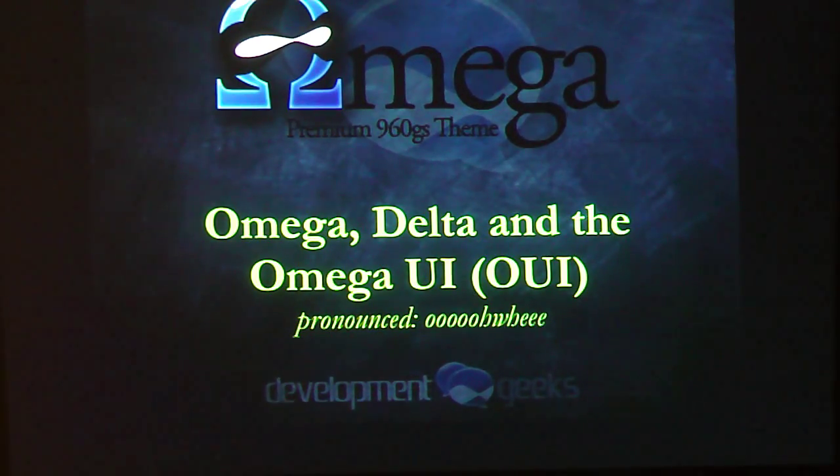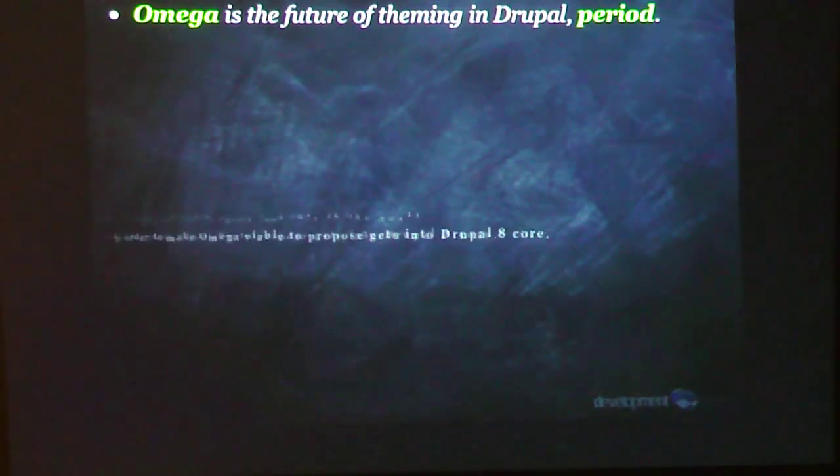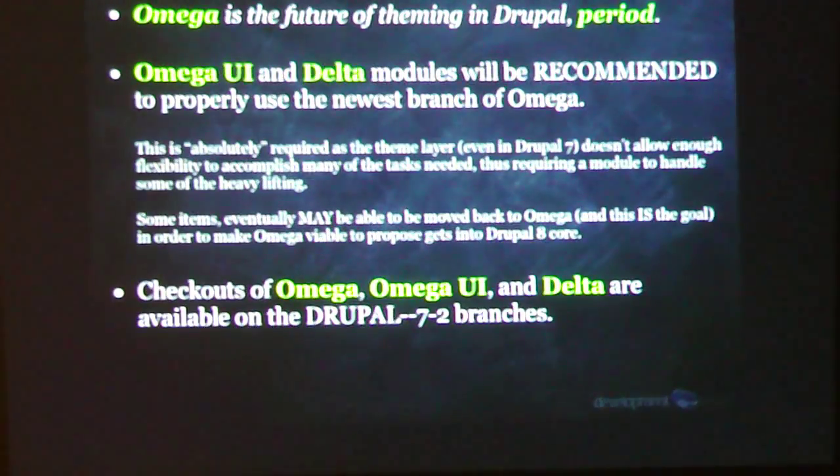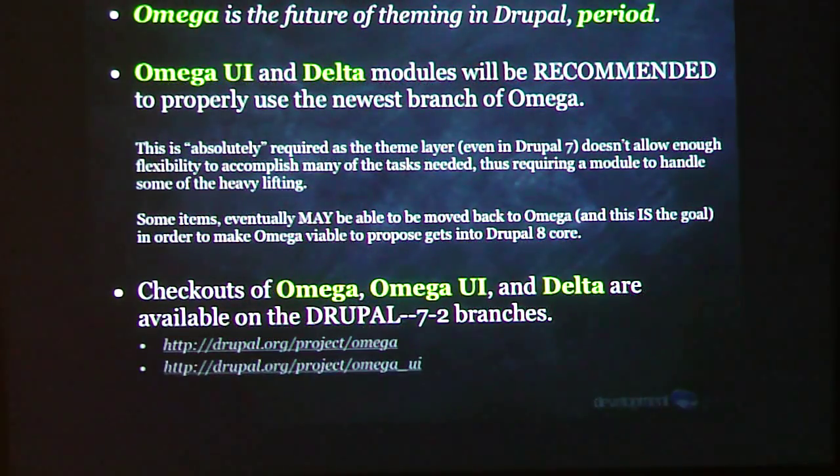So essentially that's going to be the user interface that lays on top of Omega and will then power everything in a slick interface. So simply as it can be said, Omega will be the future of theming in Drupal. And the two modules I just mentioned, the Omega UI and Delta, will be recommended to get the most out of what Omega will be capable of.